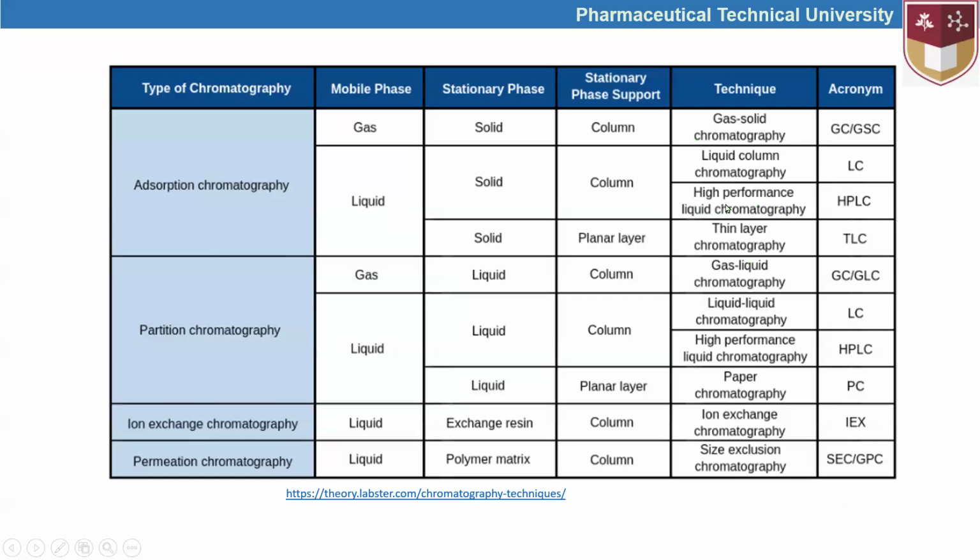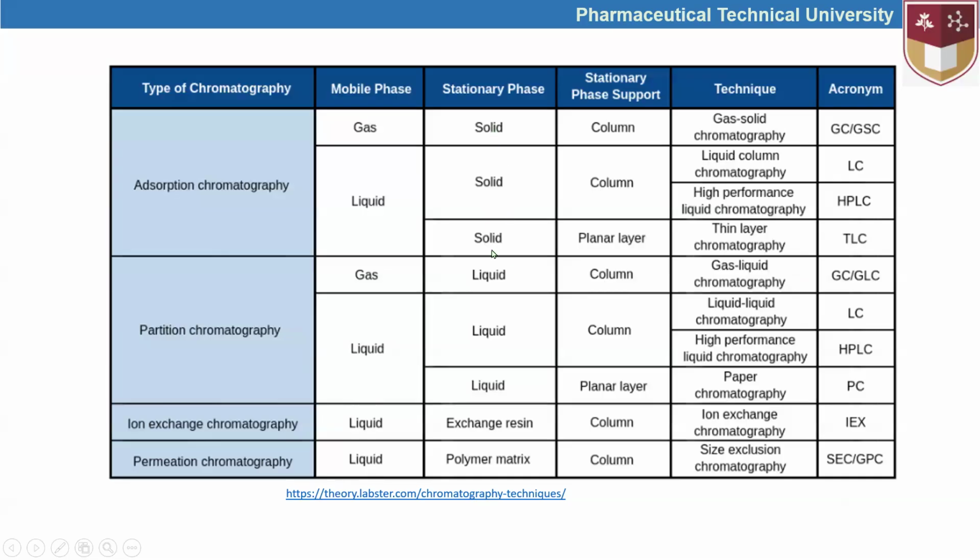Again, about HPLC, we provided a separate video explanation. If the mobile phase is liquid and the stationary phase is solid, and we use a planar layer, we call it thin layer chromatography. We are going to talk about it further in a few examples. Then partition chromatography. In partition chromatography, the mobile phase can be gas or liquid, and the difference from absorption chromatography is the layer state.